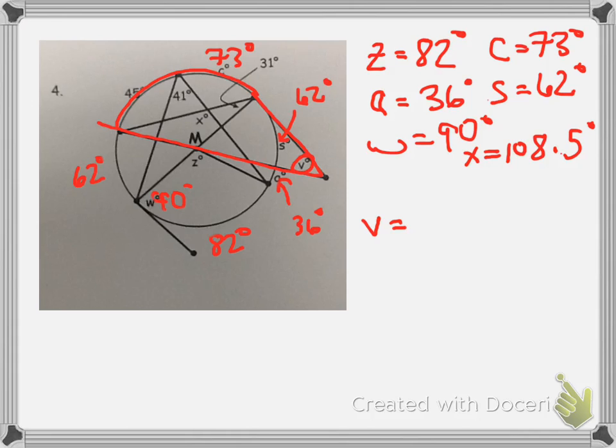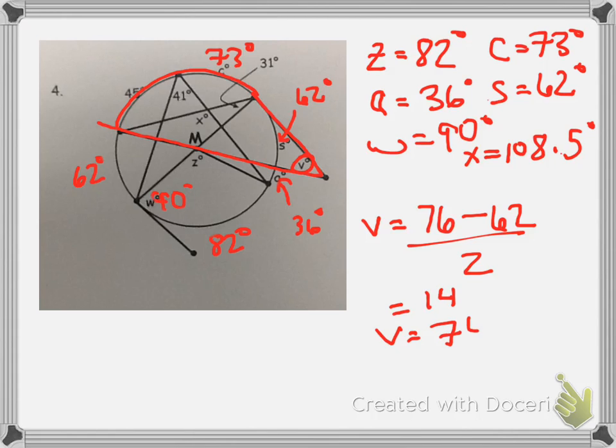So that would be 45 plus 31, which is 76. So 76 minus the second arc, which is 62, divided by 2. So 76 minus 62 is 14. So V is equal to 7.